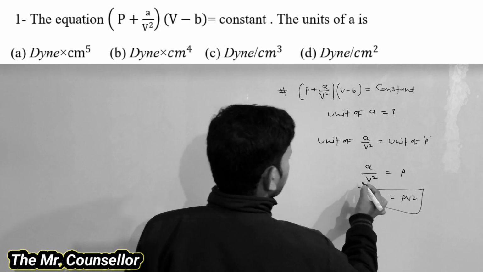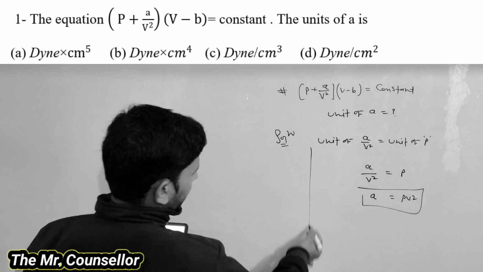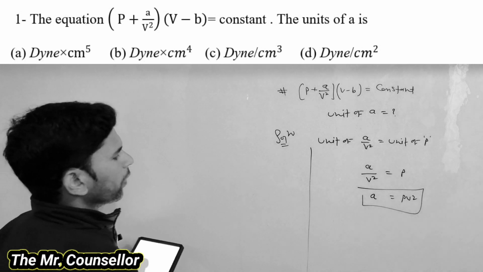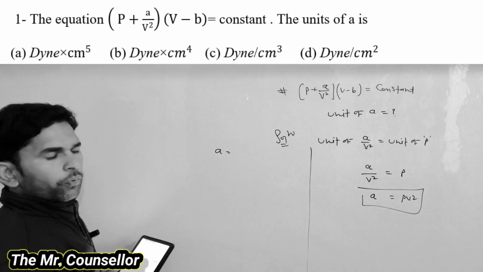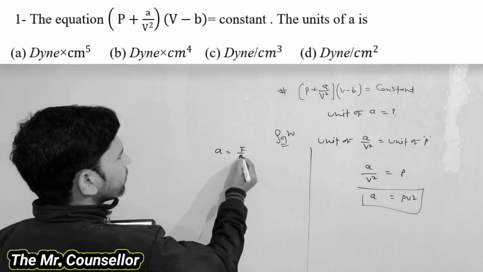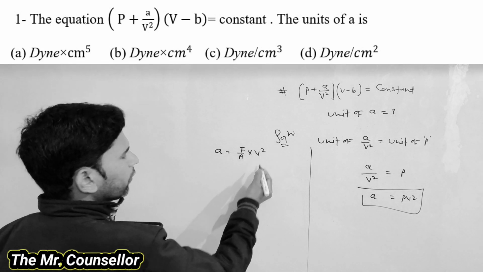Now please write it in the form of the dimensional formula. A is equal to pressure, which is force per unit area, into volume square.